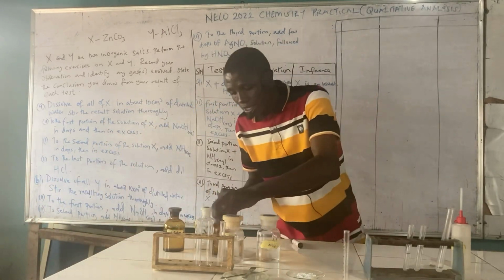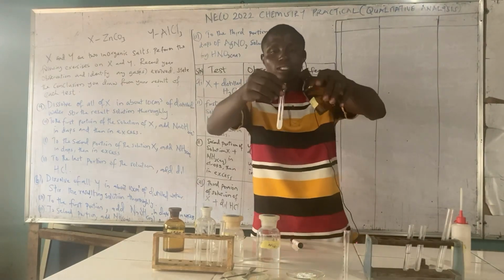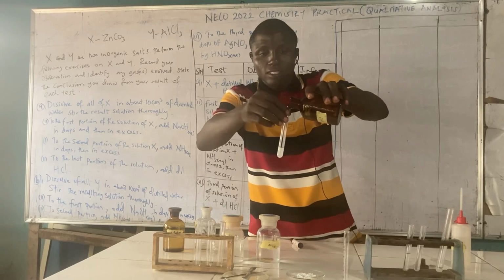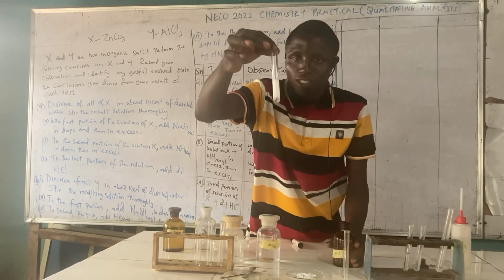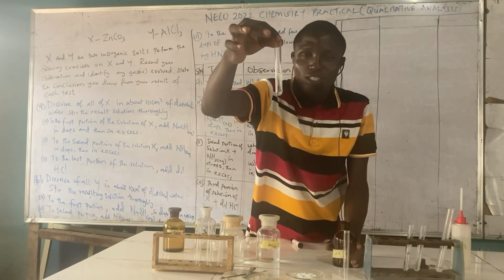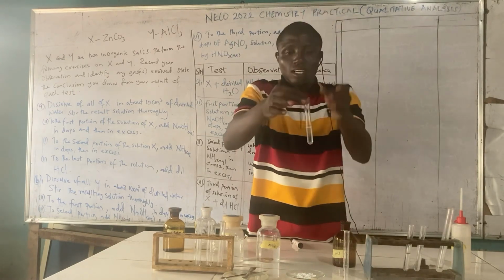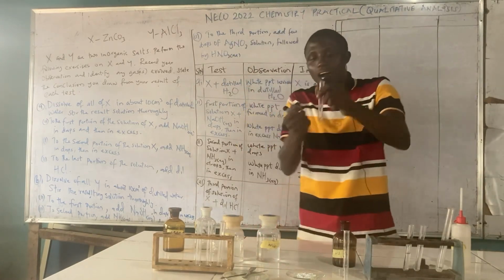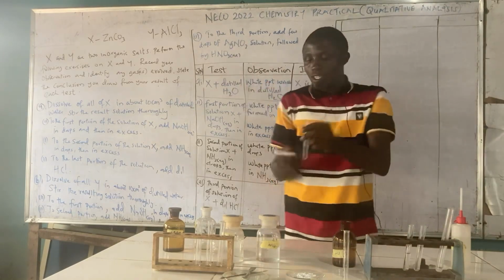So, HCl plus, it is very important to observe this. Plus HCl, you can see there's an effervescence occurring now. That shows an evolution of gas, and that gas, if you test it with lime water, it will change lime water milky.